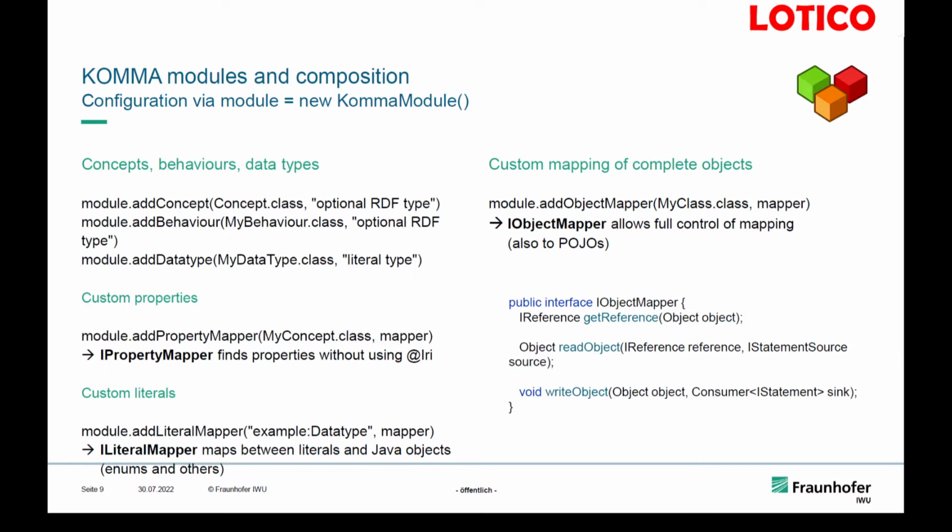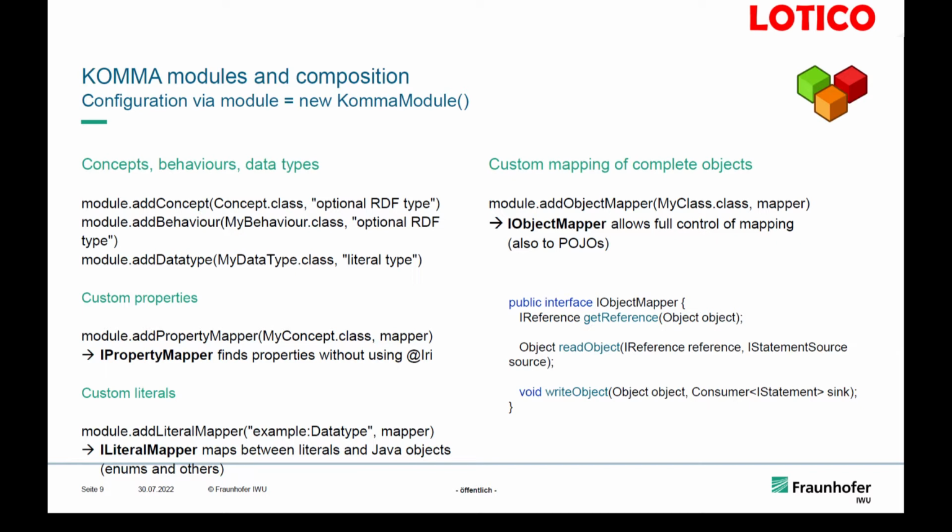What is also a new feature is a complete custom mapping of objects, where you register an object mapper. This interface IObjectMapper allows you full control of the mapping process, but you also have to write more logic.